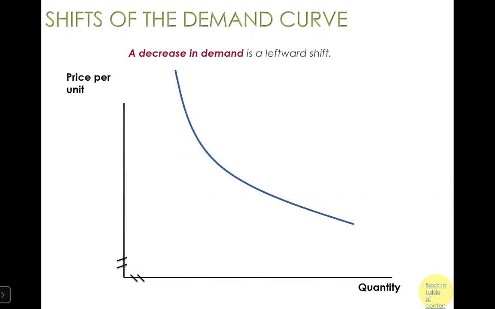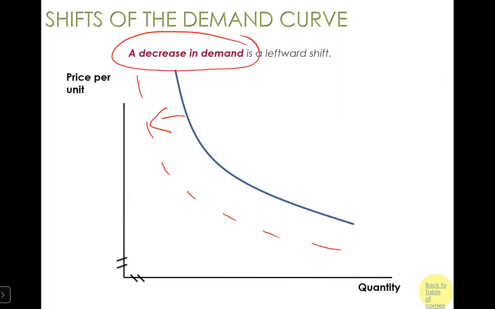If the curve shifts leftward, in other words, if you are seeing a curve shift to the left-hand side, like I just drew on the slides, then we say this is a decrease in demand. So now I need to explain to you why this is a decrease in demand.